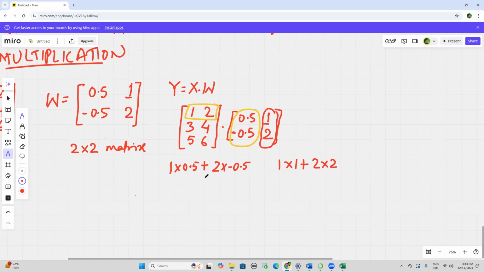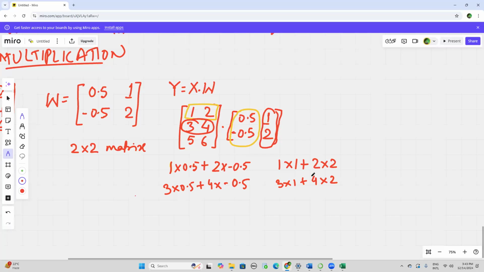Now similarly, the second one. Now this row will multiply with the first column. So it will be 3 into 0.5 plus 4 into minus 0.5. Then 3 into 1 plus 4 into 2.